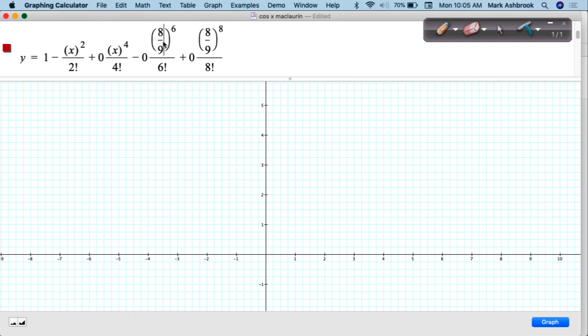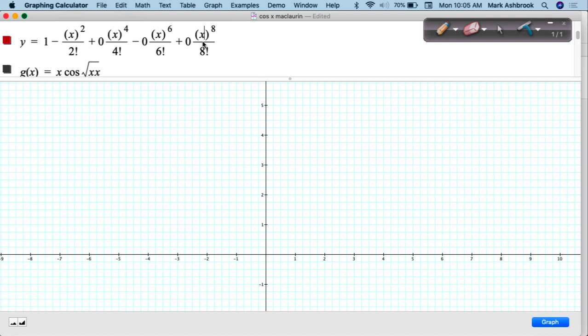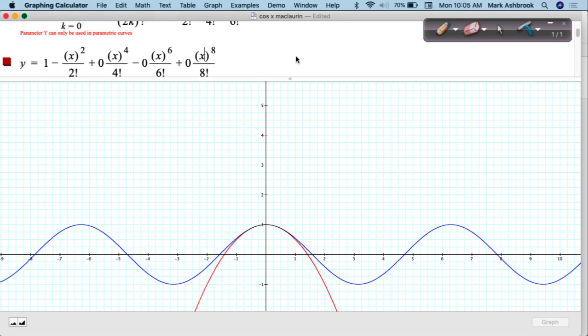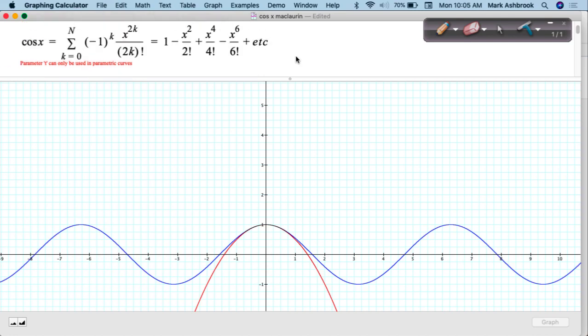From a previous discussion. All right, let's try that. There it is. So that's 1 minus x squared over 2 factorial, which is the quadratic, the parabola that gets the function value right, first derivative right, second derivative right.